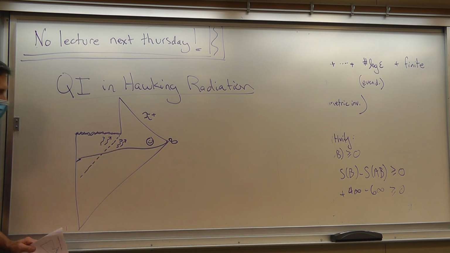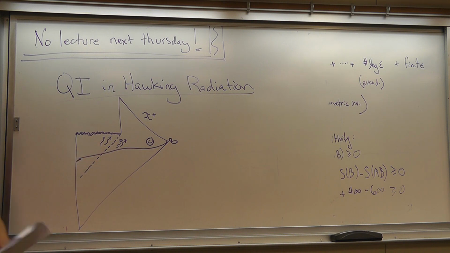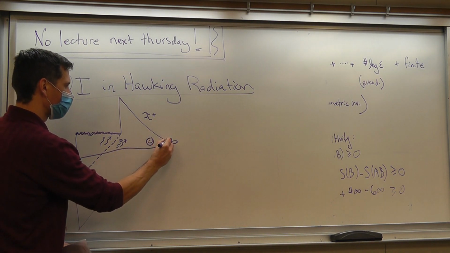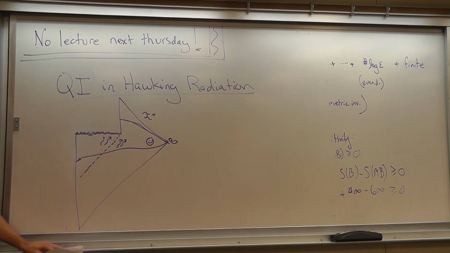The Hawking radiation here is entangled with its partner Hawking radiation inside the black hole. And if we look at a spatial slice at late times, it looks like this. And the quantum state on that late time slice is approximately thermal and therefore mixed. That's the problem.